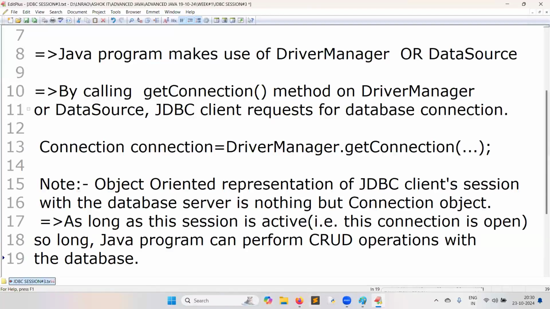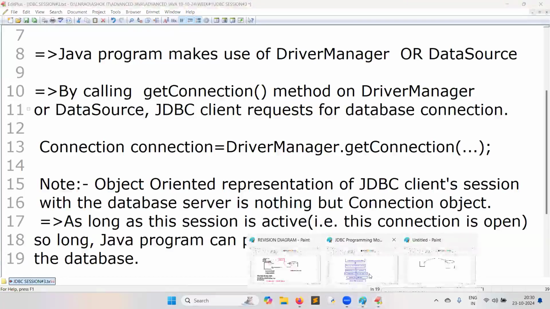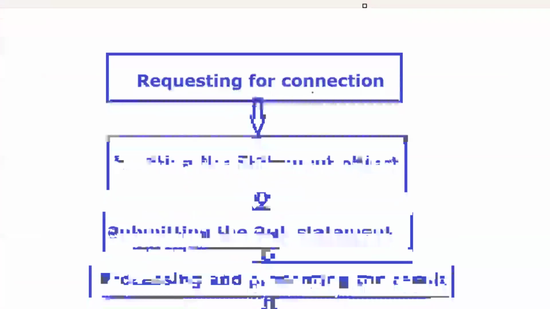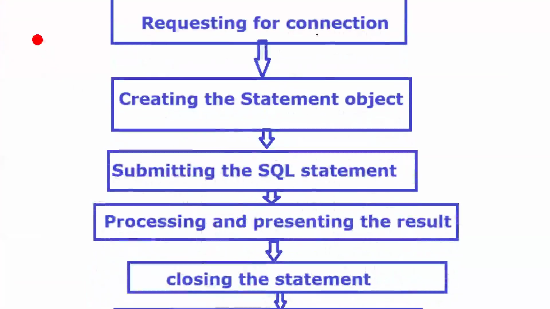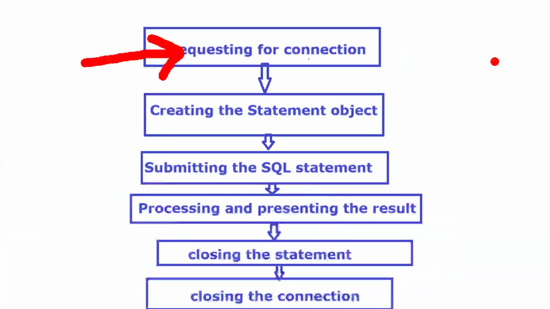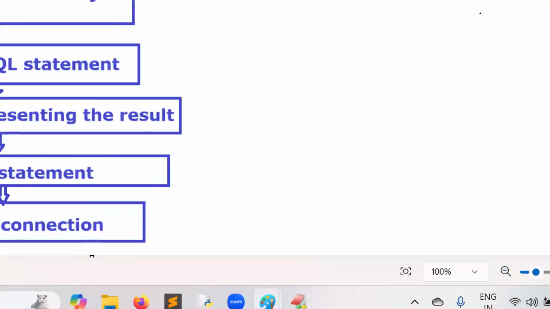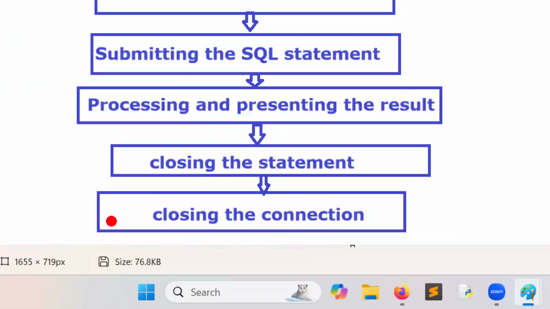So observe this diagram. I did not explain this diagram yesterday. What is the first step? Requesting for connection. What is the last step? Closing the connection. First box is login to the database server. Last step is logout of the session.